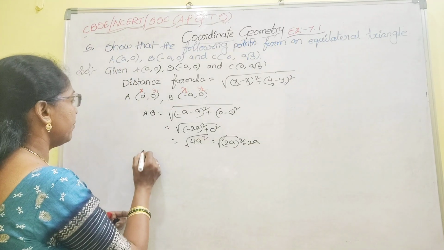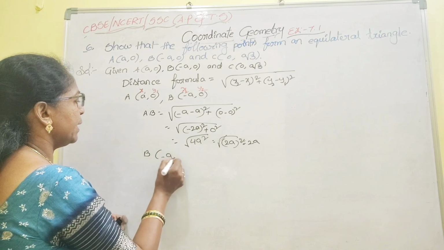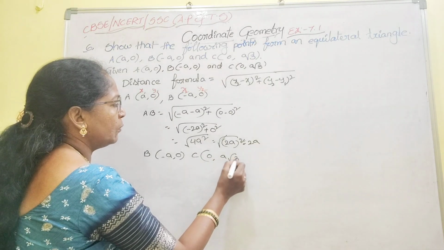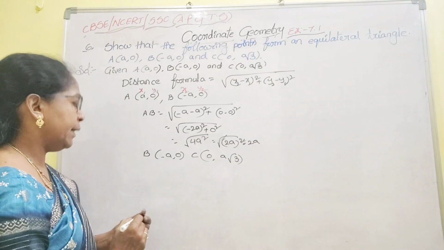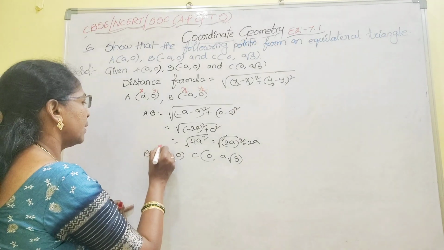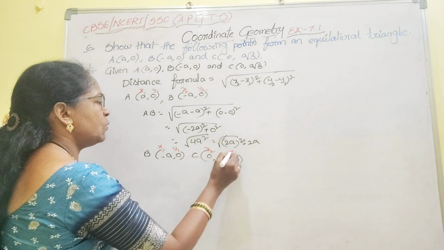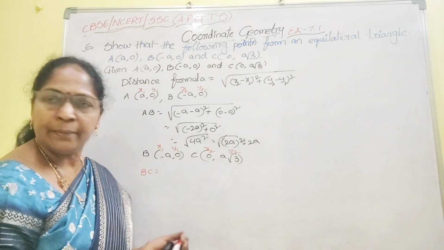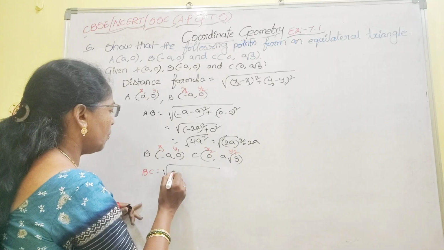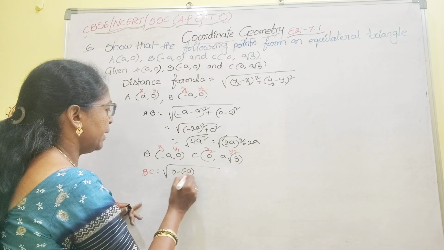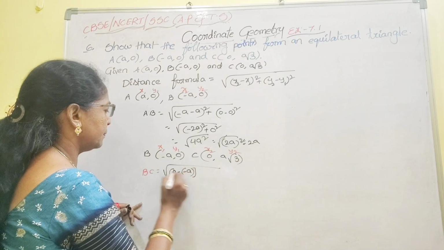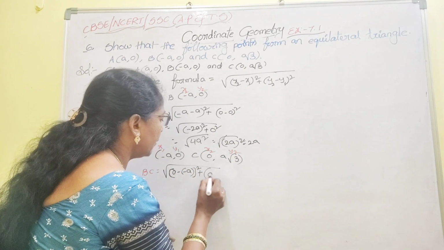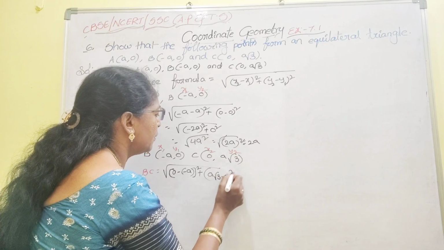Like that BC, where B value equal to (-a, 0) and C value equal to (0, a root 3). Now again assume BC points as x1, y1, x2, y2. Now BC equal to square root of x2 minus x1, 0 minus of minus a, whole square, plus y2 minus y1 whole square, where y2 equal to a root 3 minus 0 whole square.